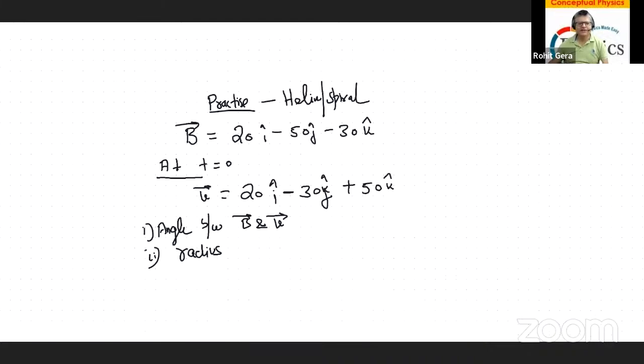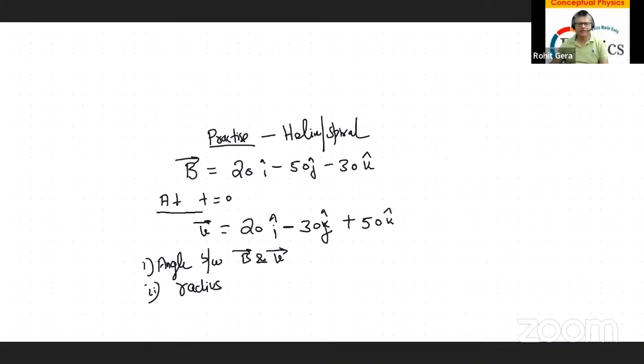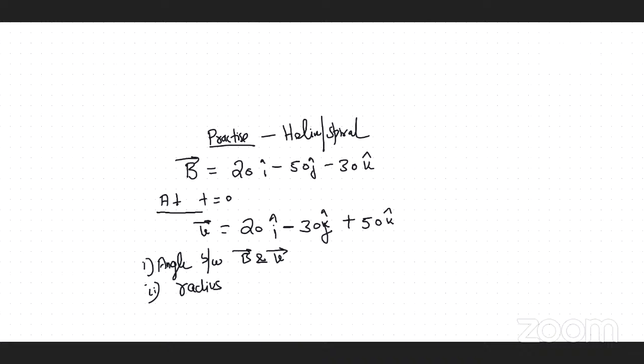But in this case, they have come one step backwards, and they're saying I'm entering at an angle, and therefore I have a helix. I'm not entering perpendicular. A helix will form only when you enter at an angle.